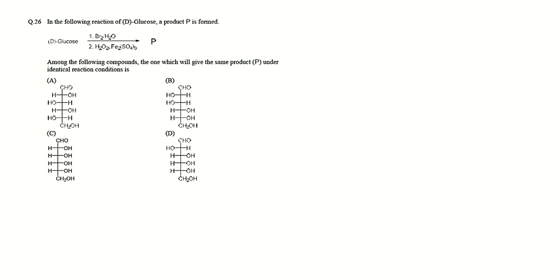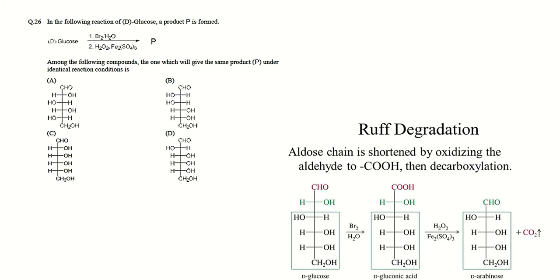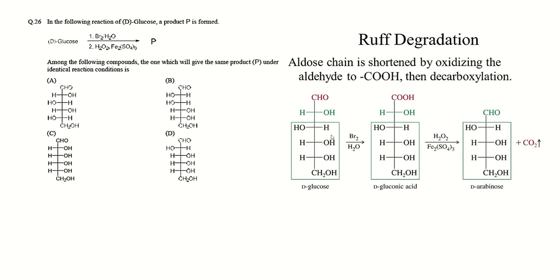In the second step, when it is treated with hydrogen peroxide and ferric sulfate, decarboxylation of this carboxylic acid takes place, and the product formed has one carbon less than D-glucose. That means you are seeing the Ruff degradation, which I have already discussed.